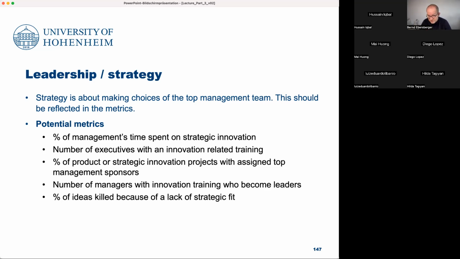Also a very important measure is the number of managers, or the fraction of managers who have an innovation training and who have finally ended up in a leadership position. So that would give you an idea how important innovation training is in an organization to become a leader.